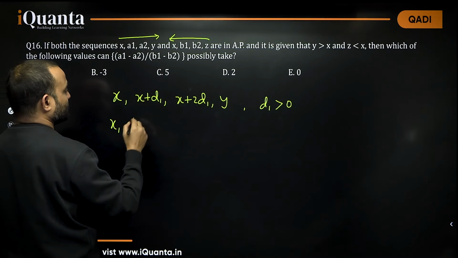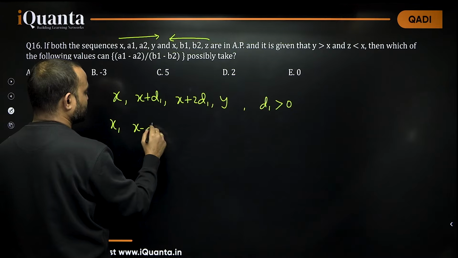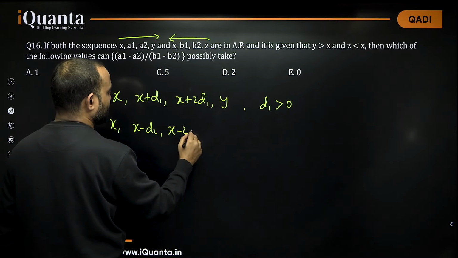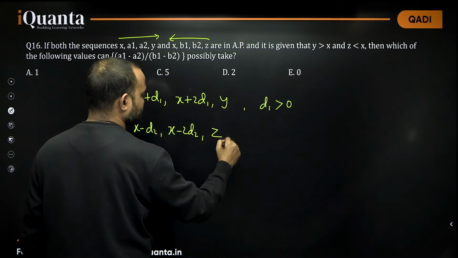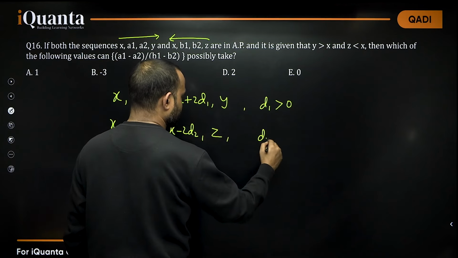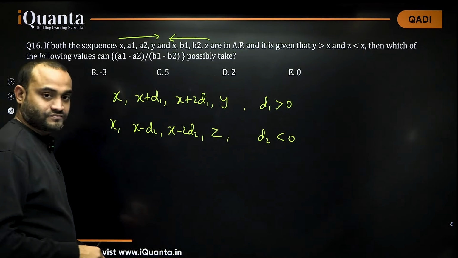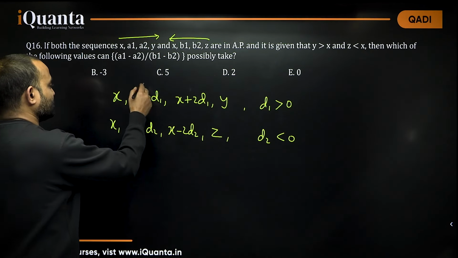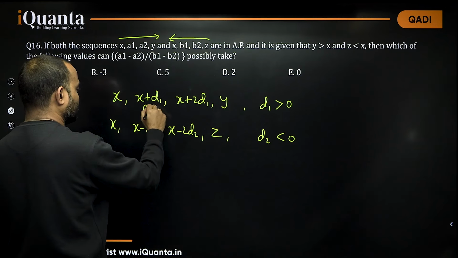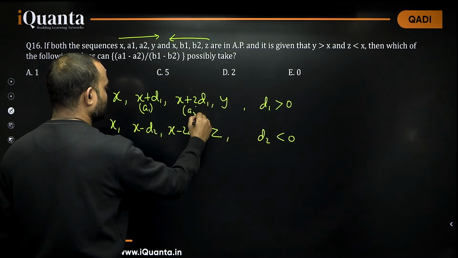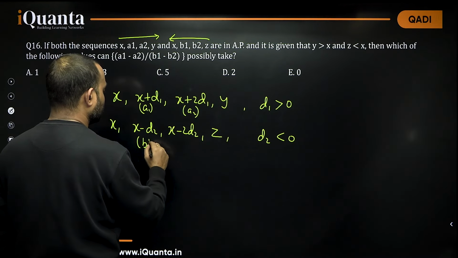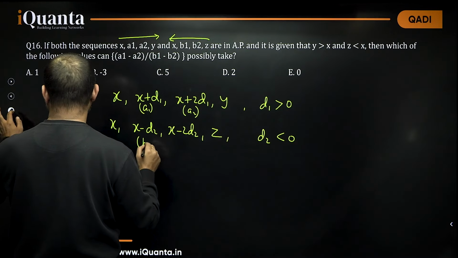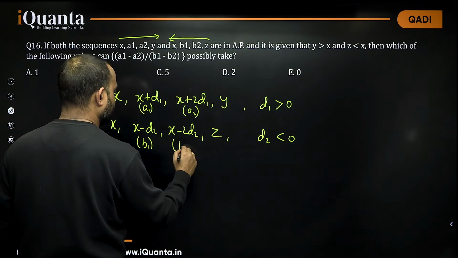And the second one, x minus d2, x minus 2d2, and this will be z, here d2 will be less than 0. Now we need to find, this is nothing but a1, right? This value is a1, this value is a2, this value is b1, and this value is b2.